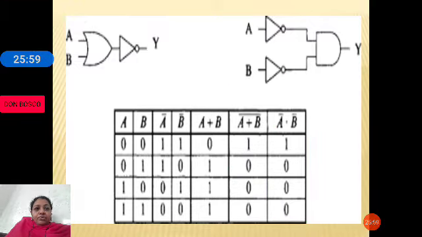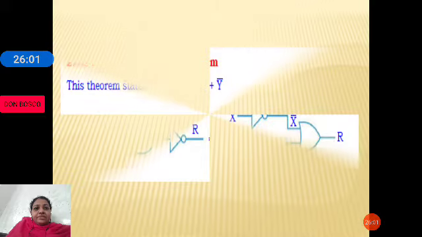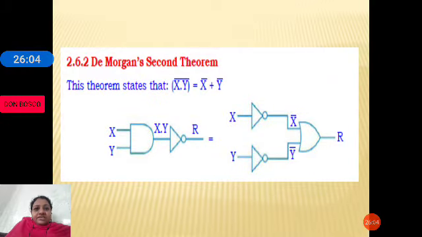Let's move on to the next De Morgan's theorem. The next De Morgan's theorem states that if two variables are ANDed and complemented, it is the same as ORing the individual variables and complementing them. x ANDed with y whole bar is equal to x bar plus y bar.